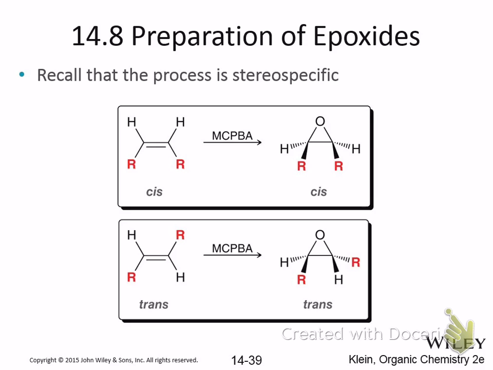So when you form the epoxide, depending on the stereochemistry of the reactant, you only get one stereochemistry on the product, for something that's cis and for something that's trans. Make sense? Yeah, so the oxygen is essentially a syn addition, both to the same side.